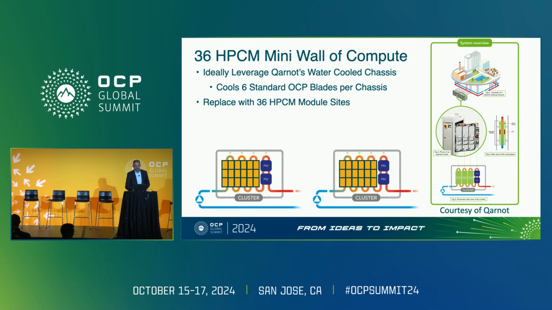They firmly mount that chassis to a water-cooled cold plate, and that's how they cool those servers. They have 12 of those blades inside this chassis. They're going to redesign this to support 36 or maybe a few less of our HPCM modules inside this, so we'll have like a mini wall inside this chassis.